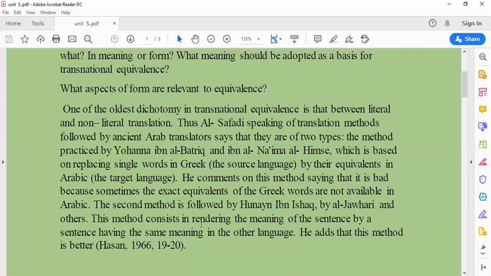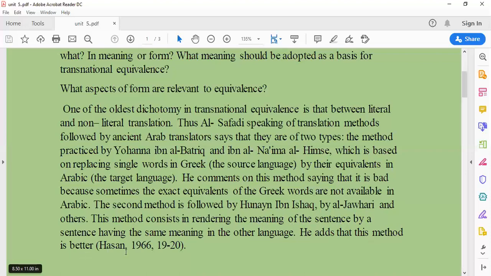This method consists in rendering the meaning of sentences by sentences having the same meaning in the other language. Here you reproduce the meaning, not word from word, but the meaning of the sentence, by a sentence having the same meaning in the other language. He says this method is better.